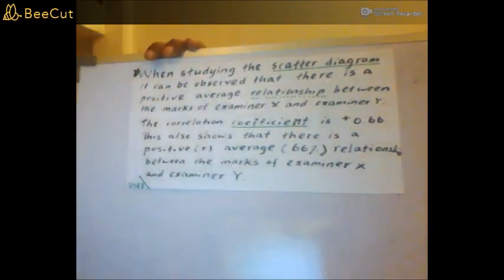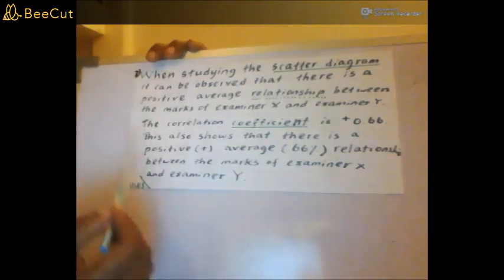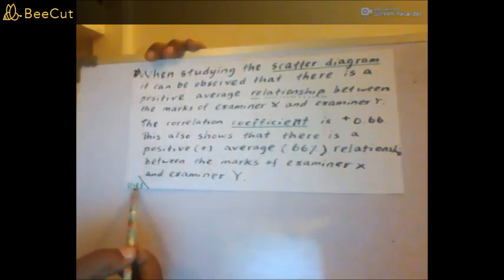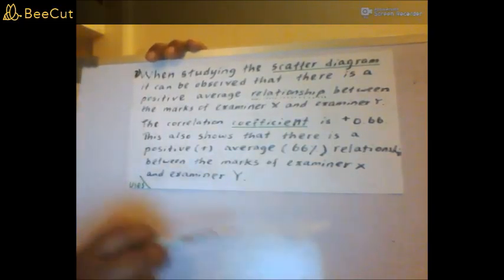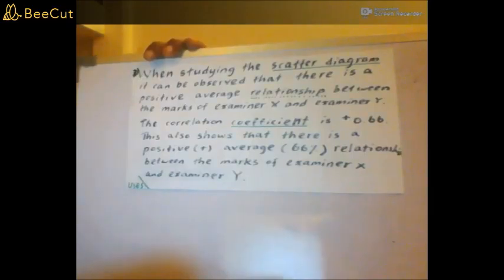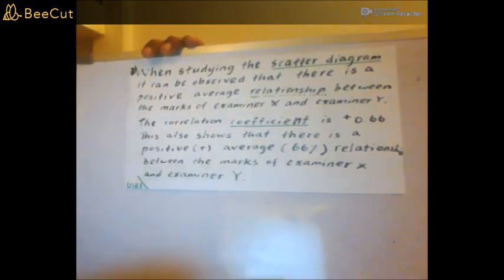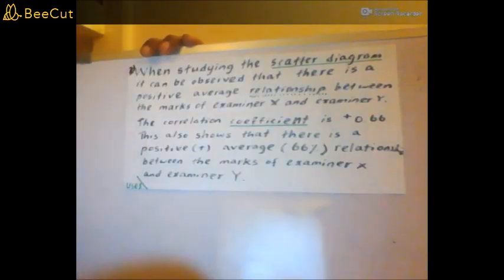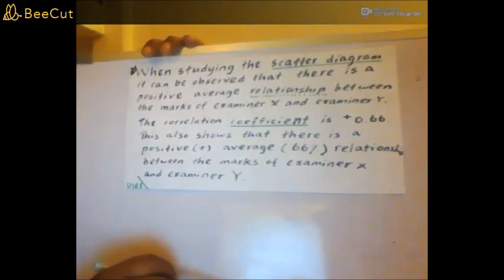And also they might ask in the question the uses of studying this correlation coefficient. What is correlation coefficient? What is this correlation analysis? Correlation analysis is the study of the relationship between two variables, maths marks and science marks, number of group activities done in the classroom, and the students' performance.